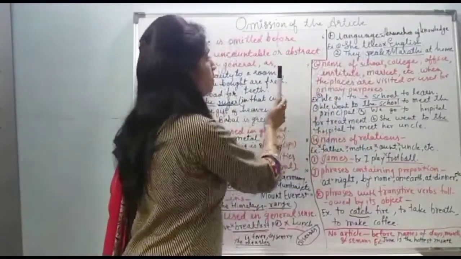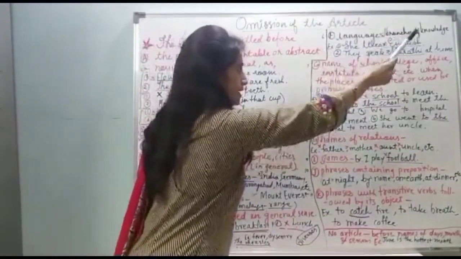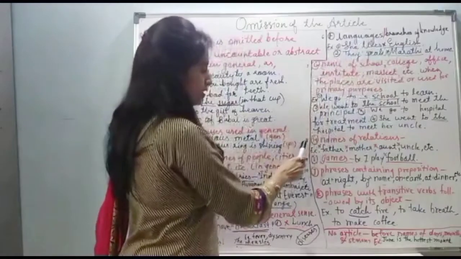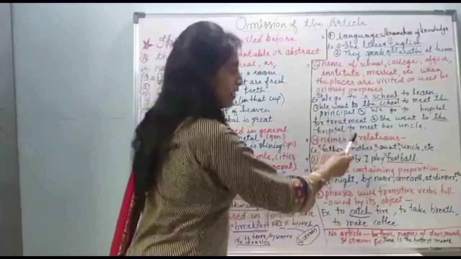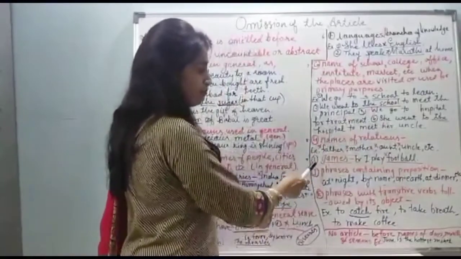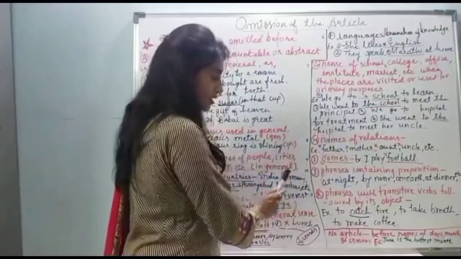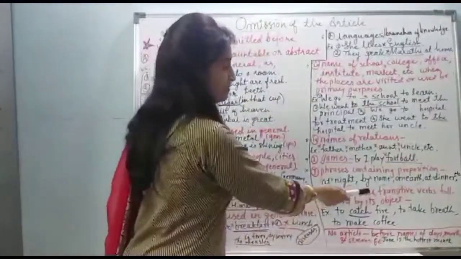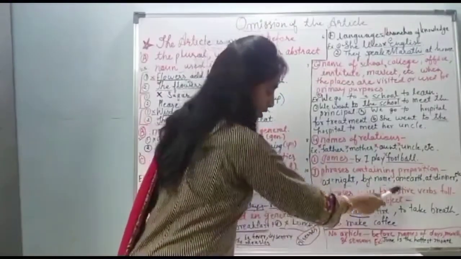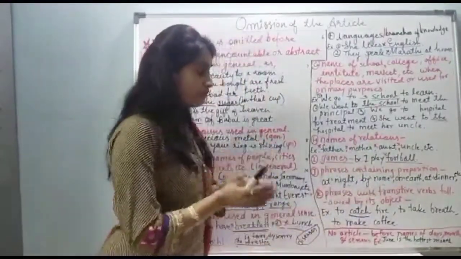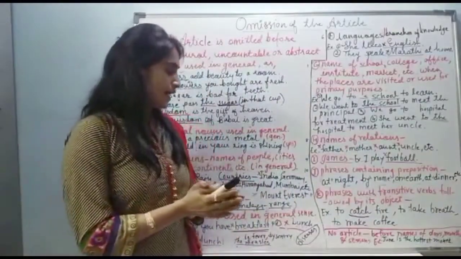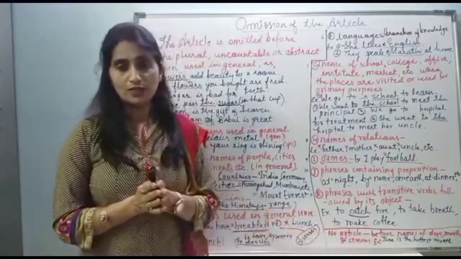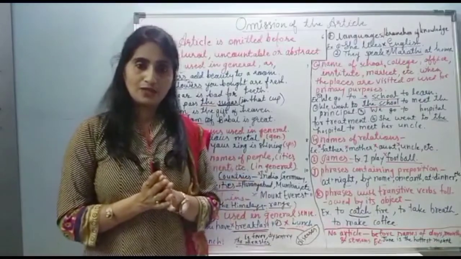Number 7, before names of school, college, office, institute, market, etc. Number 8, before names of relations. Number 9, before the names of games. Number 10, before phrases containing a preposition. Number 11, phrases with transitive verbs followed by their object. And before the names of days, months and seasons. So these are the rules which we have studied today.